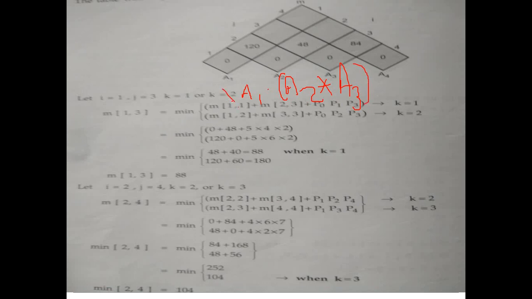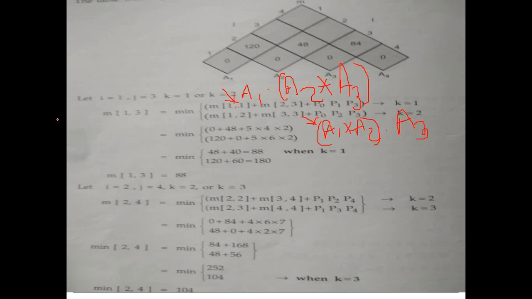This is the first multiplication. The second way says that we multiply A1 and A2 first. Sorry for this bad handwriting, I do not have experience with writing with the mouse, so this is happening. So this is our second way of multiplication.